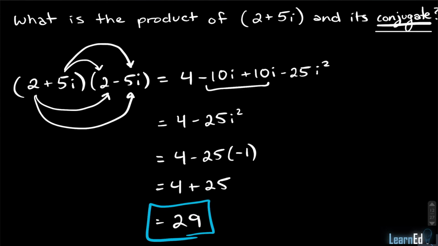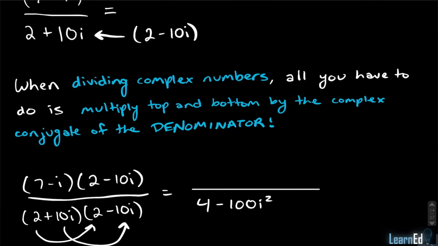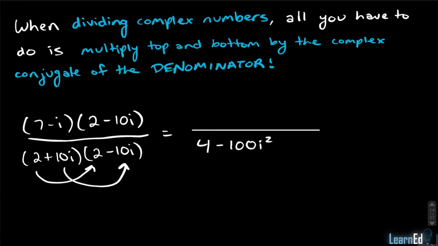When you multiply two complex numbers that are conjugates of each other, the middle terms, the i terms, cancel out. So really we can just leave it as 4 minus 100i squared. And remember that i squared is -1, so this i squared goes away, and we can just make that positive.